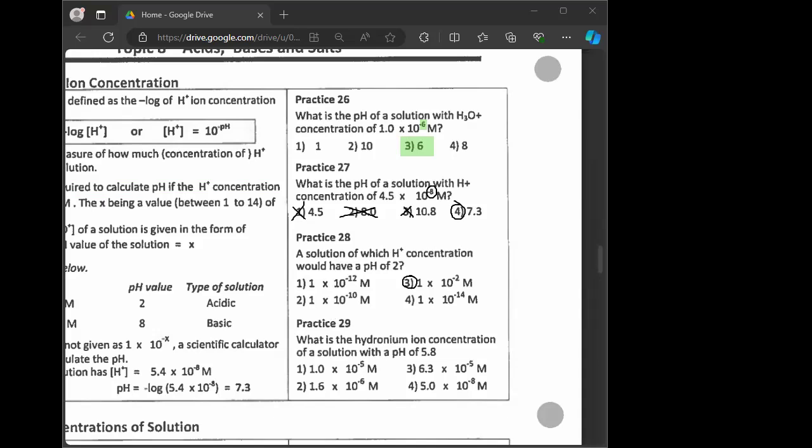Now let's take a look at 29. It says, what is the hydronium ion concentration of a solution with a pH of 5.8? Well, you can't really do 10 raised to the negative 5.8 as a final answer. It's just going to be close to that, but not exactly.